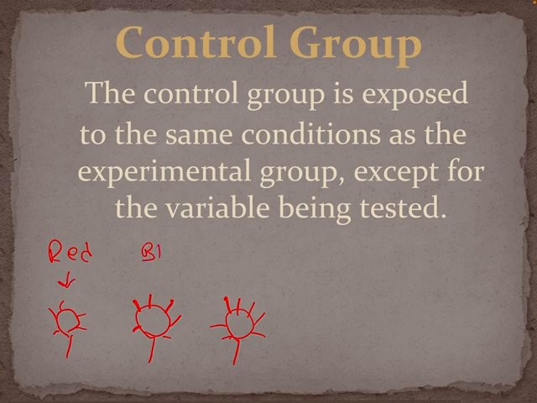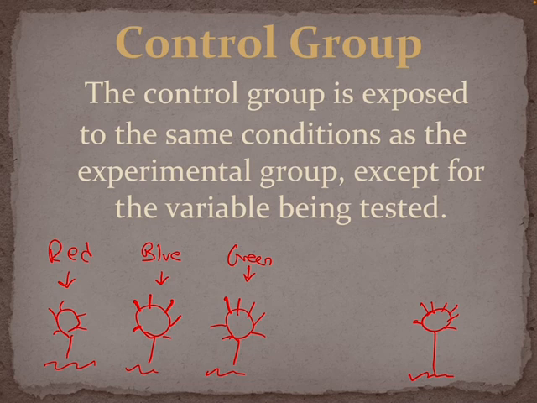This one is under blue light. This one is under green light. You will then have a fourth plant over here, okay, that is under all the same conditions. It's in the same type of pot. It's in the same type of soil. It's under the same type of temperature. Everything is the same, except there is no light above this plant's head, right?